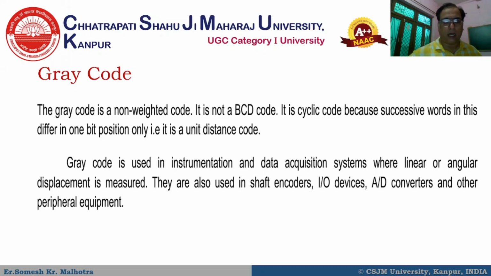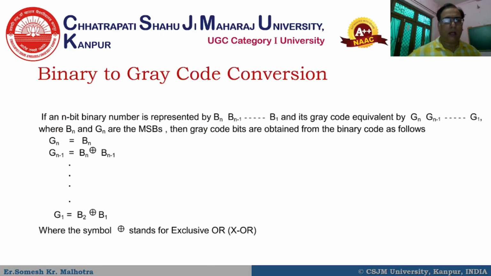Now let us see how we can convert a binary code to the gray code. If an n bit binary number is represented by bn, bn minus 1, and so on up to b1, and its gray code equivalent is given by gn, gn minus 1 up to g1, where bn and gn are the MSB, then the gray code bits are obtained from the binary code as follows.